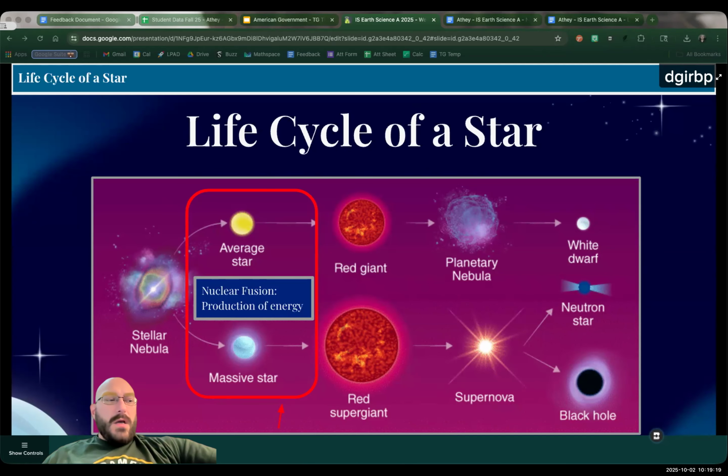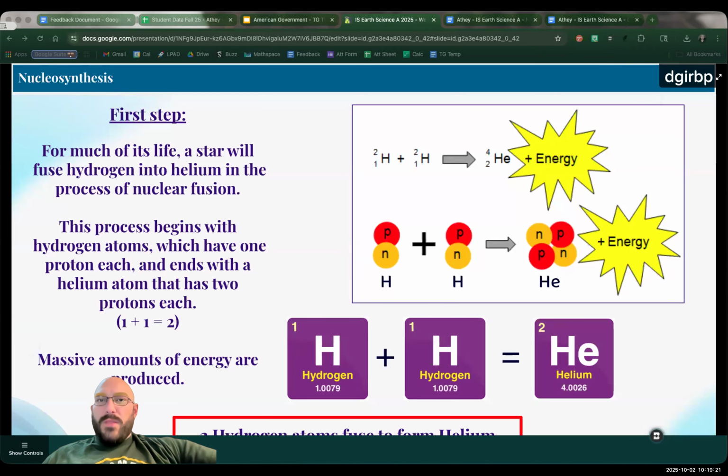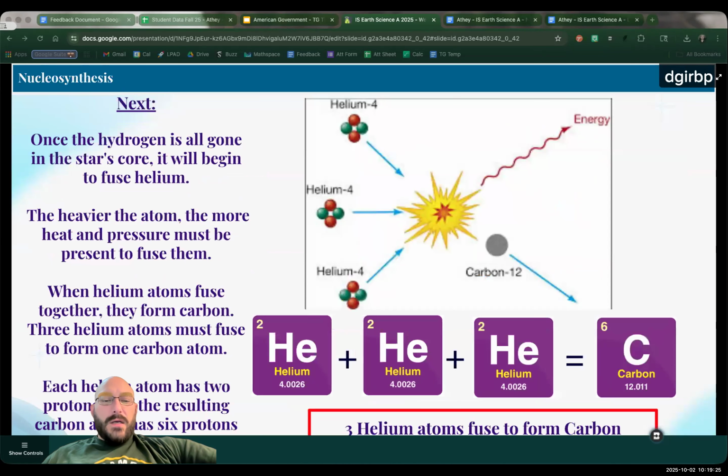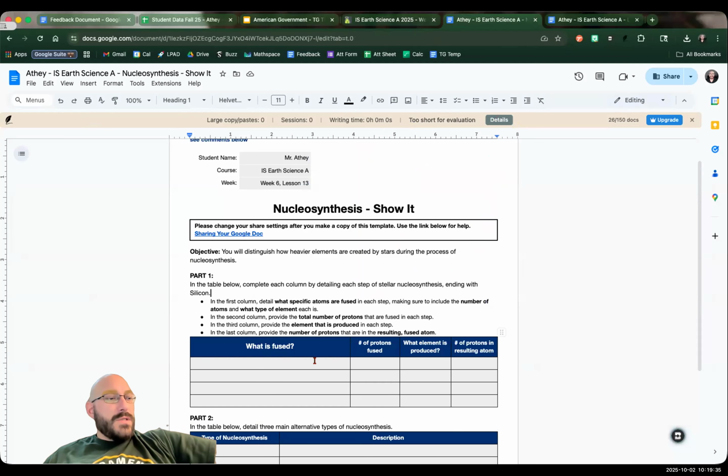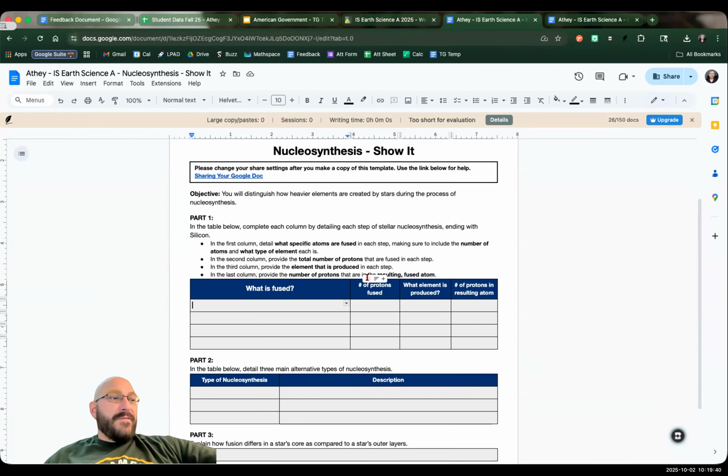We want to start with step one though. So step one, we've got hydrogen atoms fusing together to make helium atoms. What is fused?